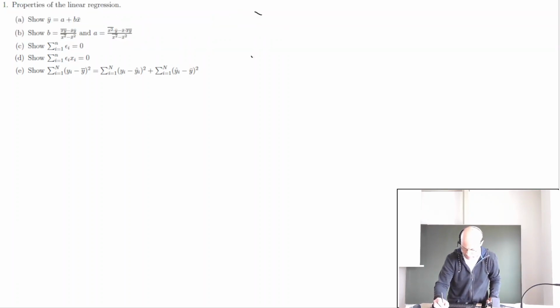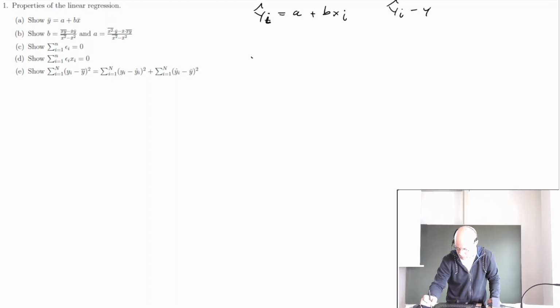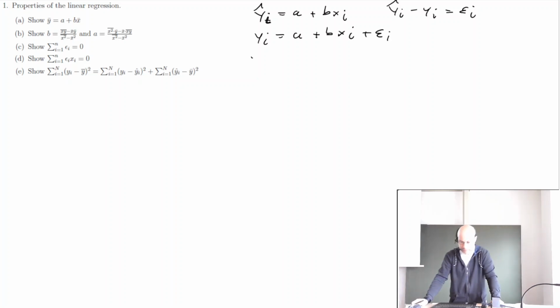We had y hat i is a plus b xi, and y hat i minus yi is epsilon i, or we can also write yi is a plus b xi plus some error term epsilon i.